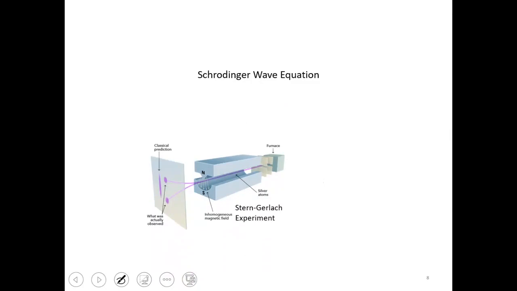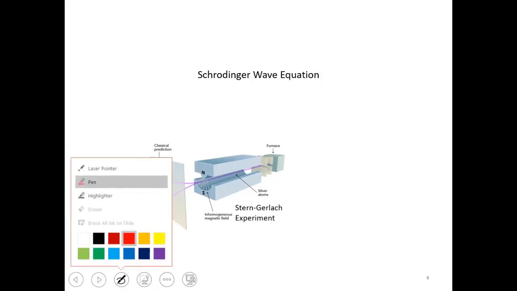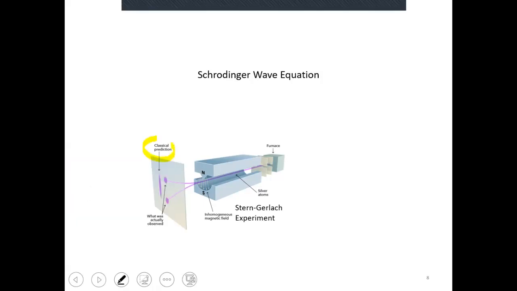So the idea is that if you run it through a magnetic field, the magnetic field is going to affect and essentially detour those atoms depending on the value of their magnetic field. So what you would have expected was what is here on the left side. This is the classical prediction.